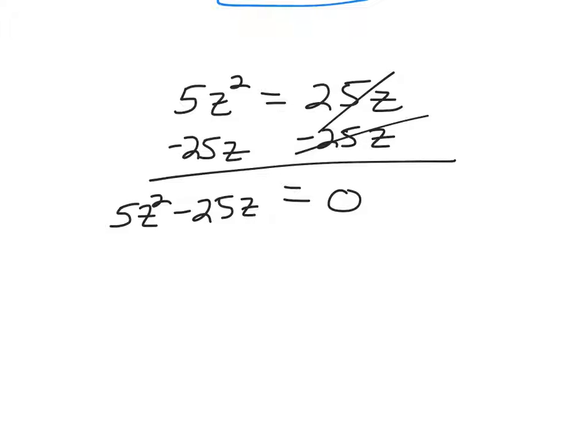I'm talking about to factor 5z squared minus 25z. What question should I ask myself first? That's right. Is there a common factor? That's always the first question, right? In 5z squared and 25z, is there a common factor? Yes, there is. What is it? 5z. Let's factor out a 5z.